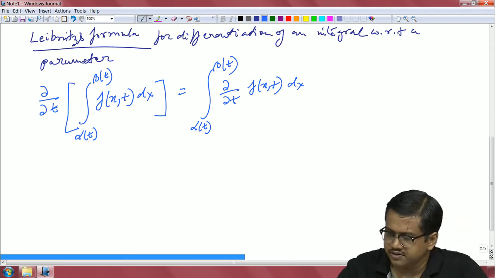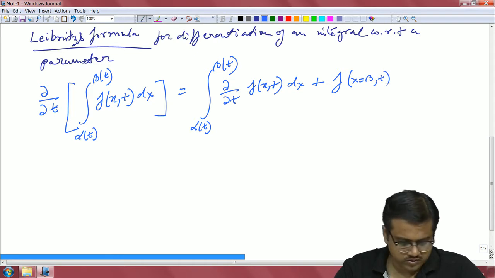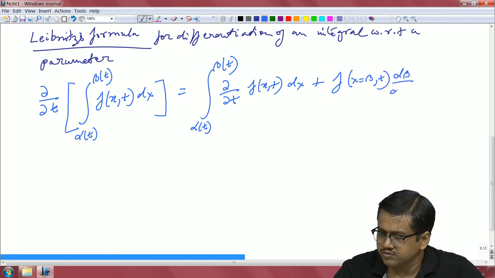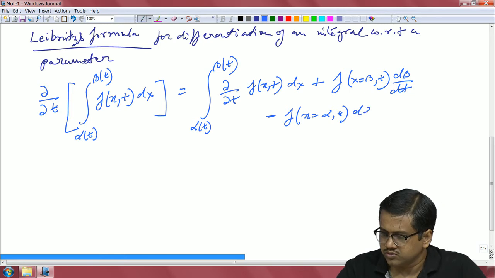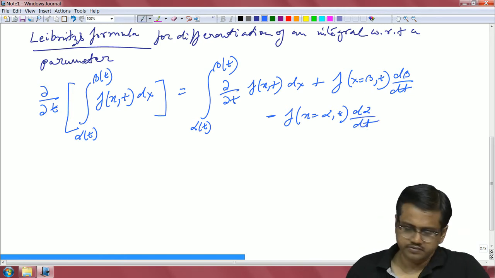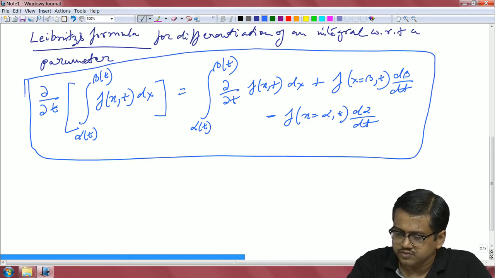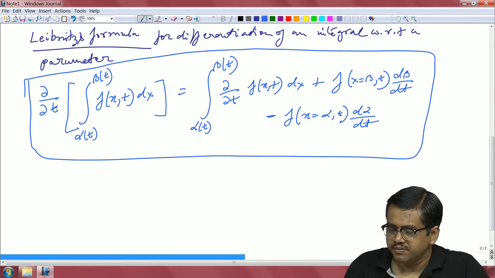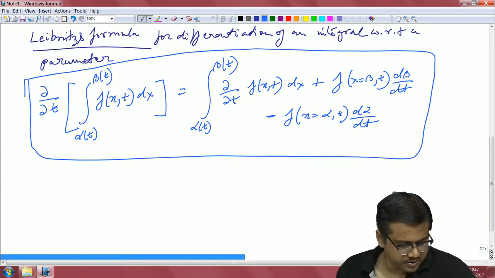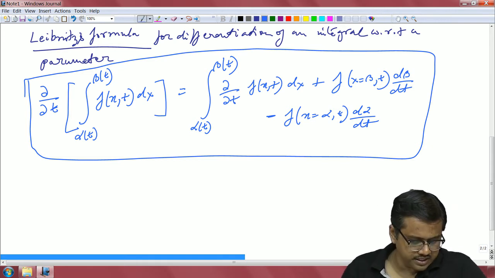That is the first one, plus, minus. That is the Leibniz formula. You can see how this will come in handy, we will see in a second, but this is the form of the Leibniz formula. We are going to need this when we actually do this integral formulation.